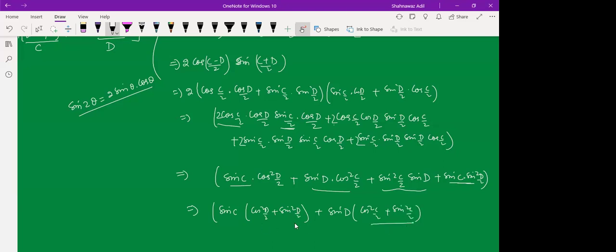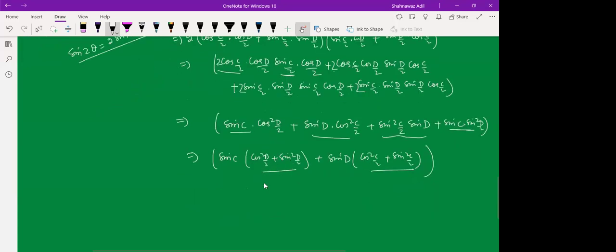How much is this thing and this thing? sin²θ plus cos²θ, how much is that? This is 1, right? This is the identity, sin²θ plus cos²θ.